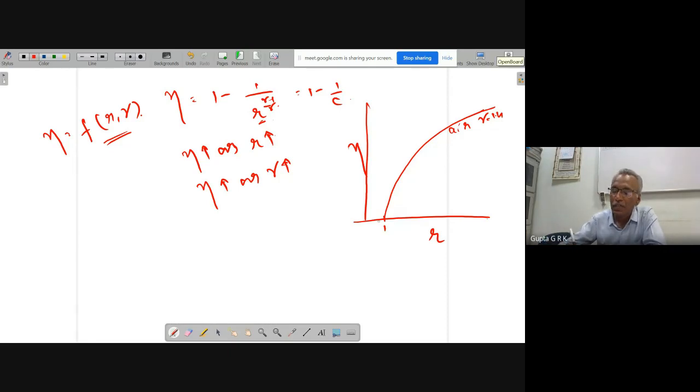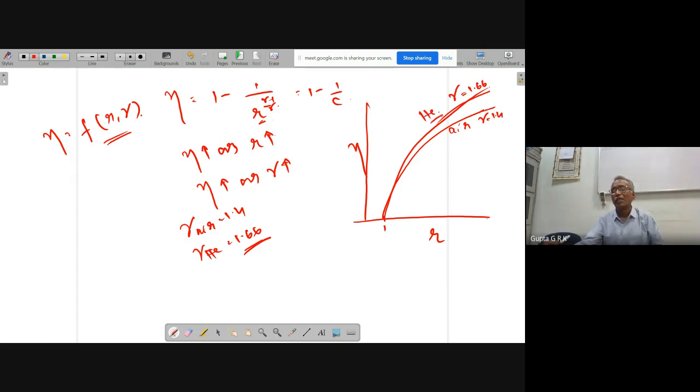If I put helium, gamma of air is 1.4 and gamma of helium is 1.66, so I will get higher values for helium. As gamma increases, the efficiency increases. Now we are talking about air only as the working fluid. Why I am telling this is because of the closed cycle: in a closed cycle gas turbine, if I can replace air by helium, I can increase the efficiency. Am I clear about it?